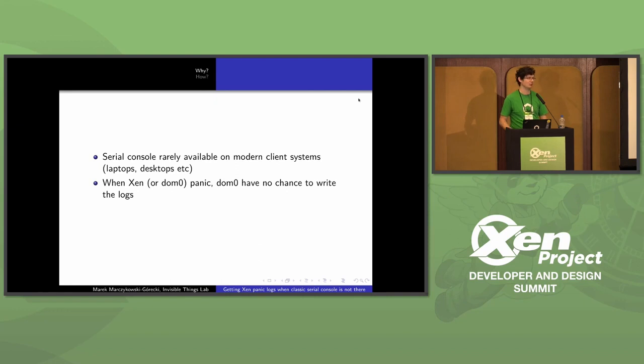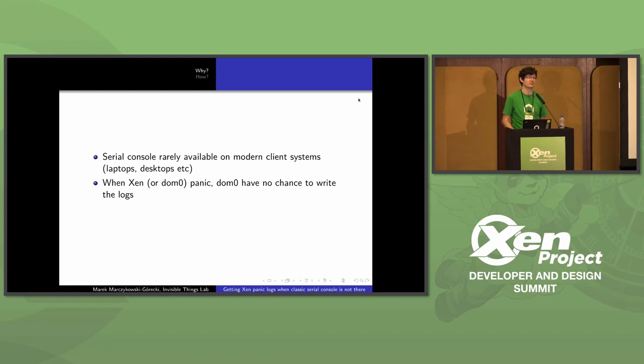I'm working on kexec. Our main target hardware is laptops, and nowadays laptops rarely have a real serial console. If you are very lucky, you may find one on a docking station. There are some with real serial on a docking station, but otherwise, it's very rare.